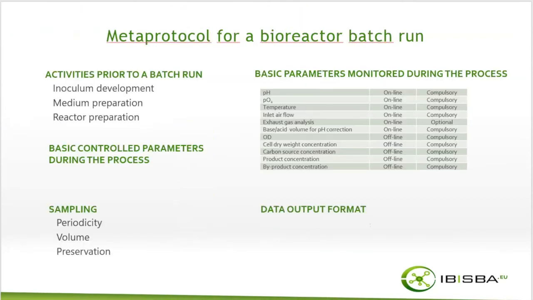Okay, so this is a quick view of the issues that are included in, for instance, a meta protocol or guideline for running a fermentation. It includes everything from how you prepare the inoculum or the medium, to how you sample, volumes, how you preserve samples, what you monitor and control during the process, and what is the standard output of raw data.